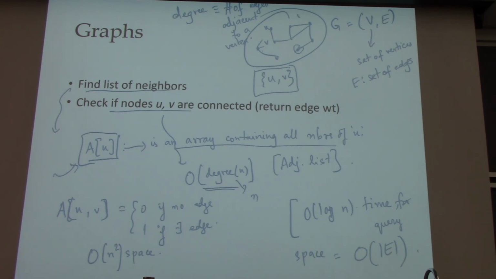Is there a question? What did you write O log n for? Oh, this is for querying if U and V are connected. If you use an adjacency matrix, it's actually constant, because you can just check if A of U V is 0 or 1. But if you use an adjacency list, and the list is sorted, then querying would take log n time, because you look at U's neighbors.